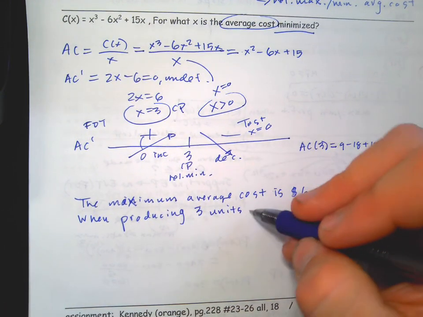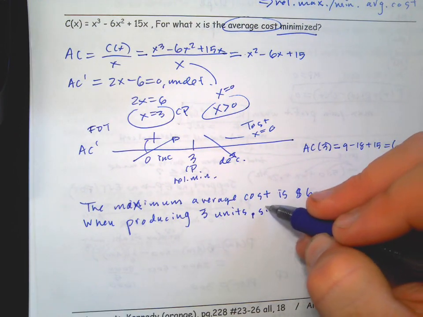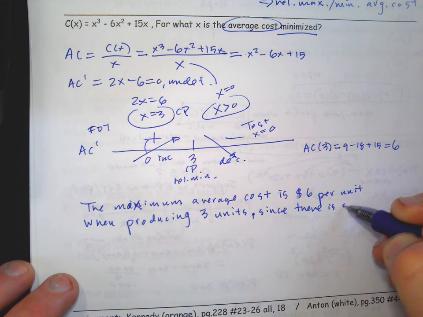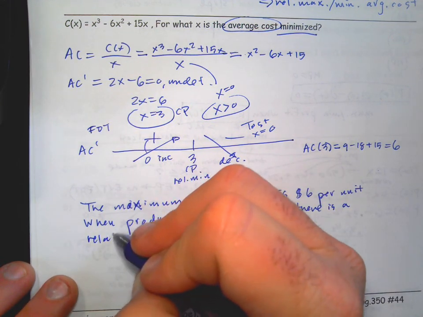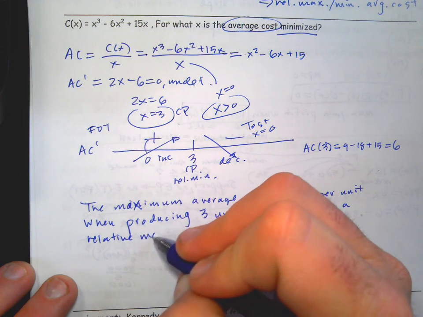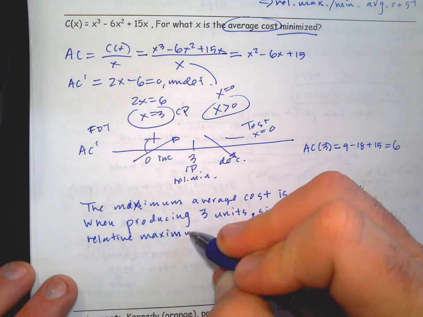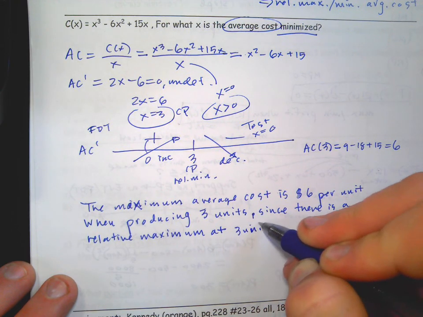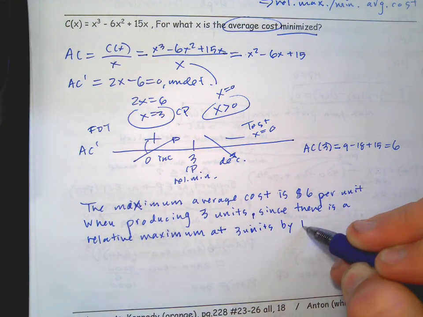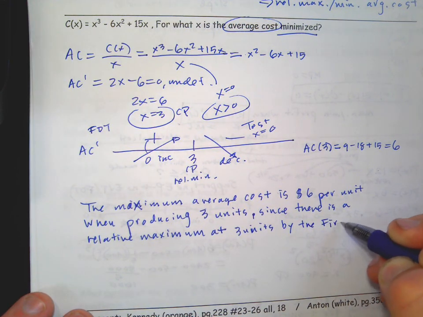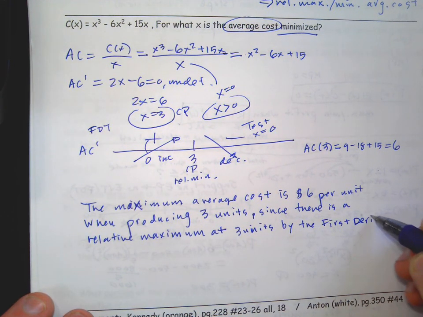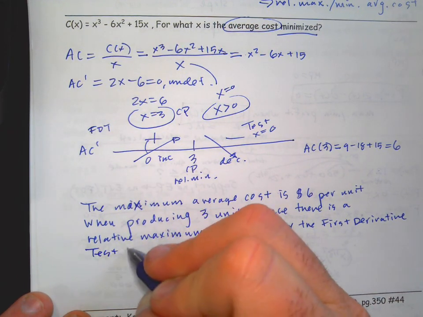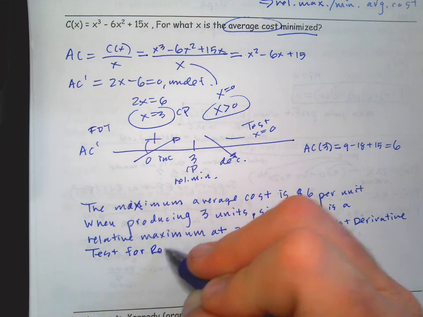Now, to justify it, you'd have to say, since there is a relative maximum at 3 units by the first derivative test for relative extrema. It's not enough to name it.